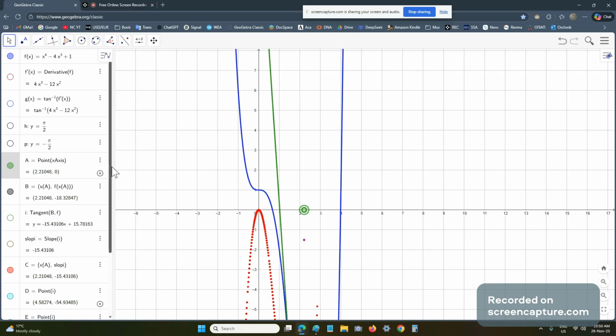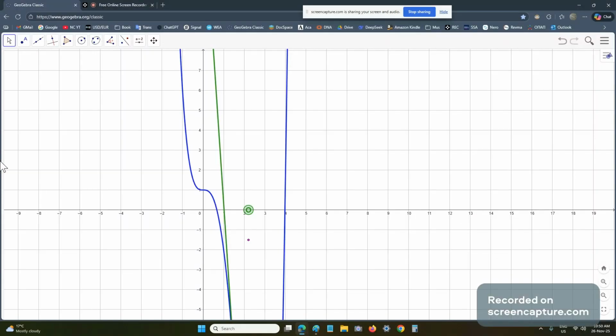Now, if old Newton had decided to do things differently, and what I mean by that is he could have chosen, instead of representing slope as rise over run, to represent it in terms of angle.